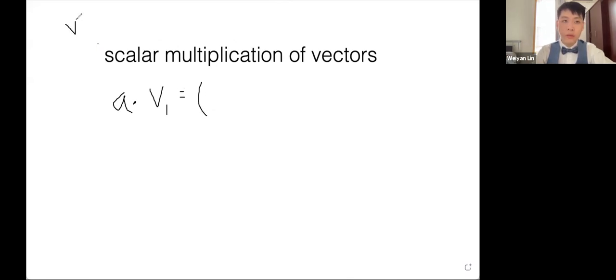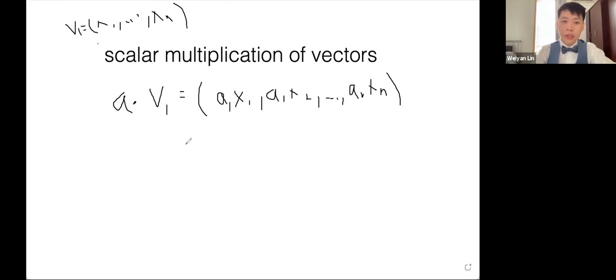So let's say your v1, as usual, is x1 through xn. If you apply a scalar to it, that means you apply the scalar to each dimension, and then this forms the new vector.